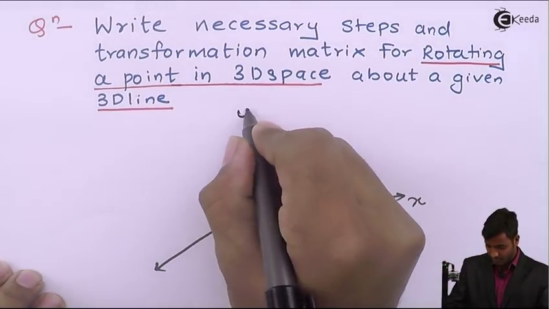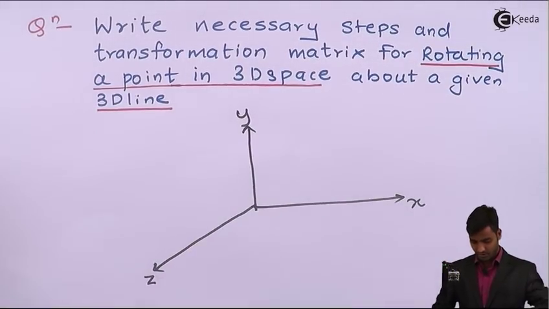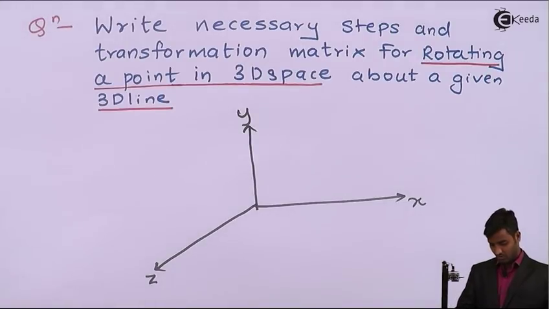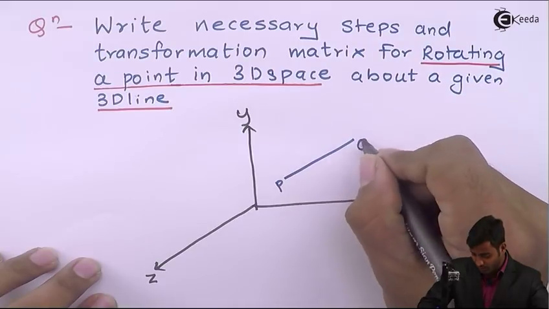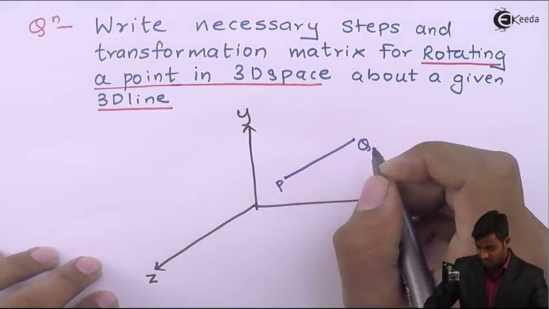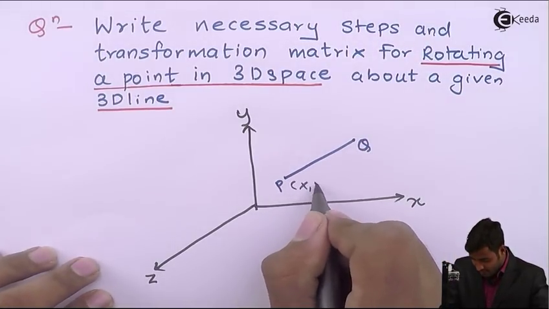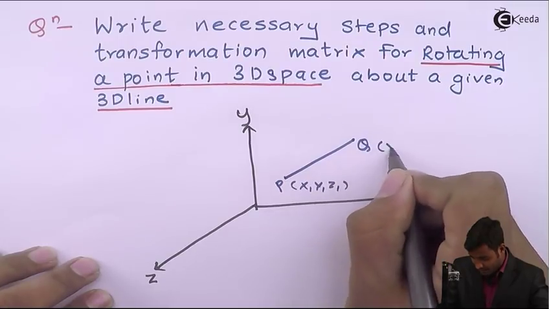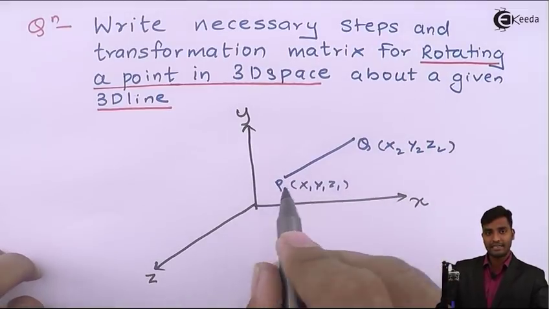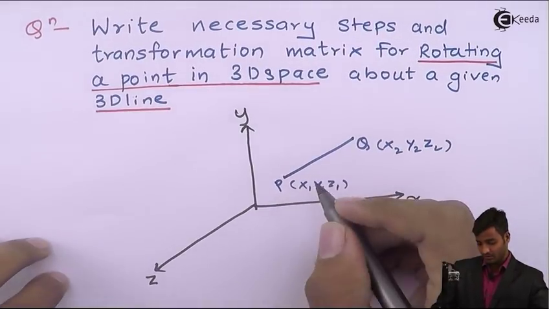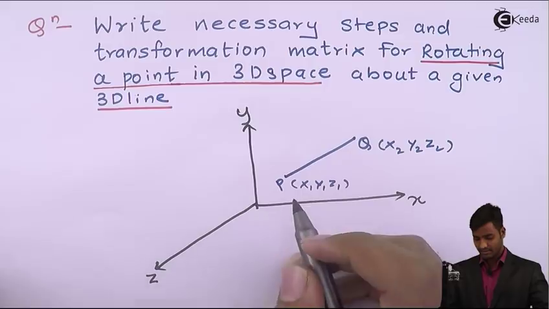This is the x-axis, y-axis and this is the z-axis. This is the 3D line PQ whose coordinates for P are x1, y1, z1, and the coordinates of Q are x2, y2 and z2. This is the given 3D line, which I can call an arbitrary axis.